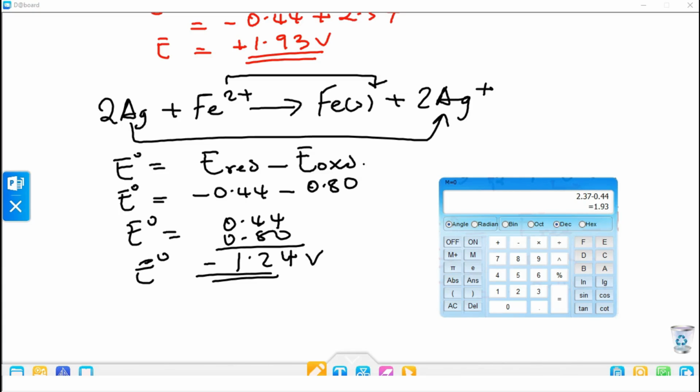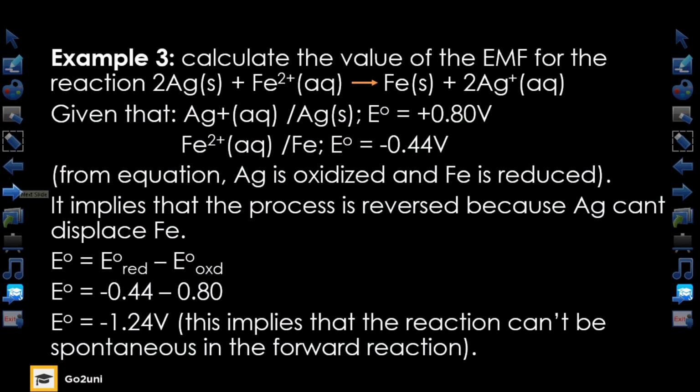It is never going to be spontaneous because the E value is negative. We shall come to see why we say it is not going to be spontaneous.